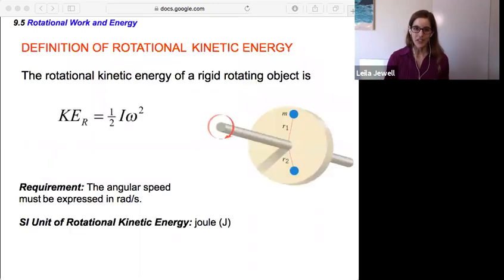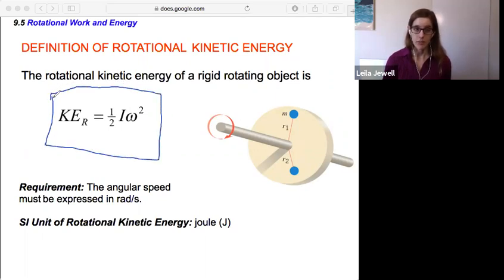Pulling this all together, our official definition of rotational kinetic energy is that for a rigid rotating object, it's 1/2 the moment of inertia I times the angular speed squared. This is a really useful equation. It happens anytime something's rotating. So we have it as KE subscript r to note that it's rotating.